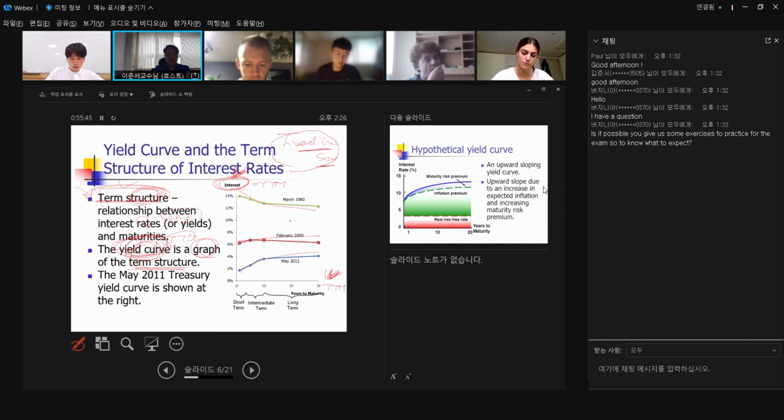Other than these shapes, there may be the hump shape or the U shape, many types of shapes. But we would say there are three popular yield curves. Out of these three popular yield curves, which graph is most popular? The yield curve is generally downward, flat, or upward.